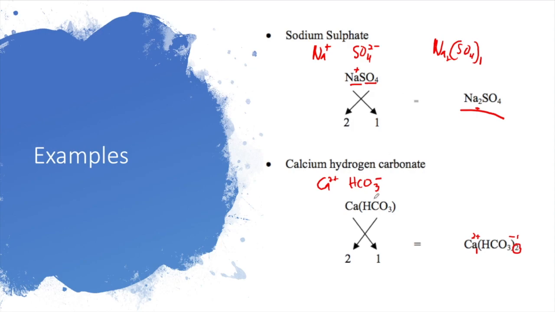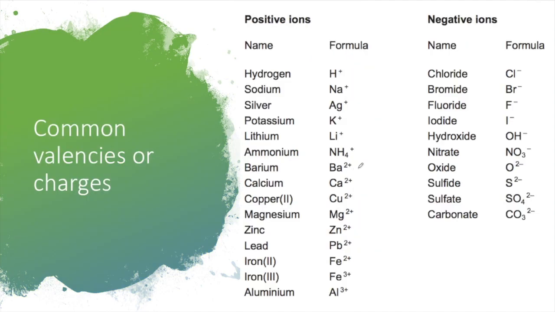Now if you're wondering, oh my god, what is hydrogen carbonate ion, how am I supposed to know what charge it is? Like I said, there is a common ion table that you will have to make an effort to remember, and some of these ions, because they are quite common in our syllabus, will come up quite often, so you will get used to it. So these are the common valencies, or charges, as we call them, and you can see these are the common ones.